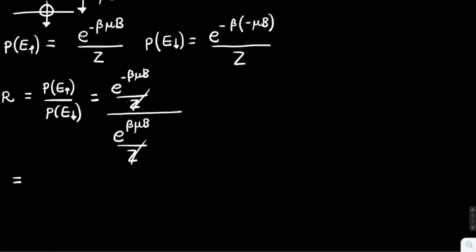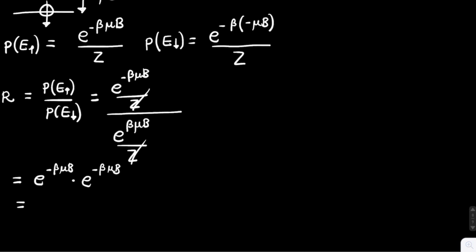And therefore we can simplify this exponential to be e to the minus beta mu b multiplied by e to the minus beta mu b. So what I've done right here is I've taken this one in the denominator and I've simply brought it upstairs, but in doing so I've changed the sign.